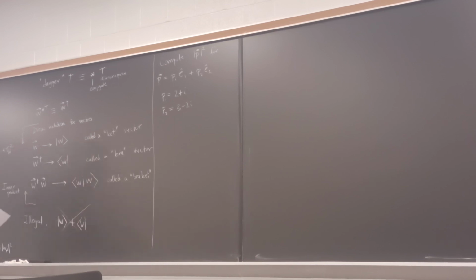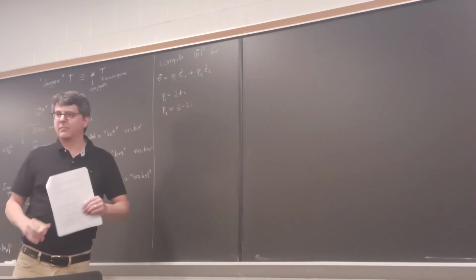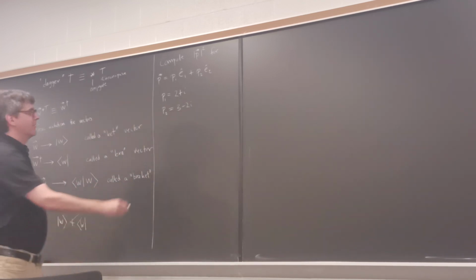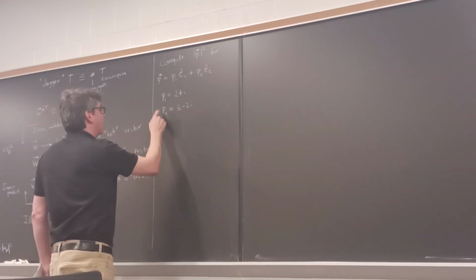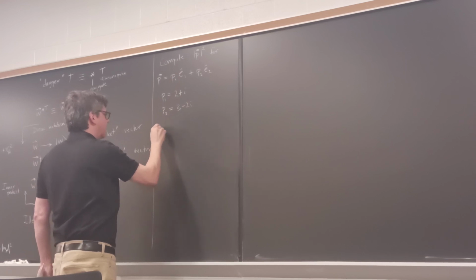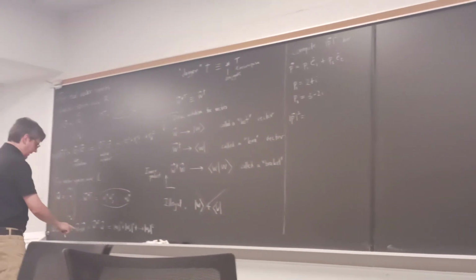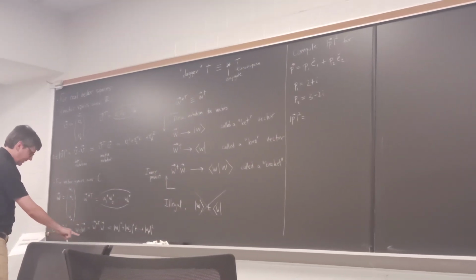Okay, so that means these are complex vectors now. This is a complex vector. So if I want to take the magnitude of P squared, I have to use this notation.